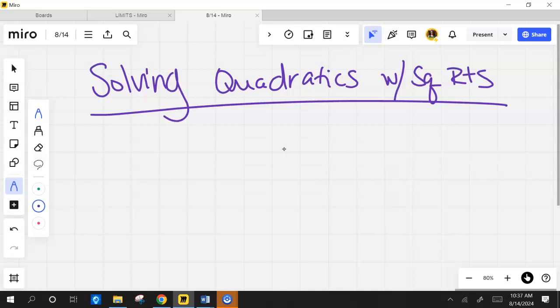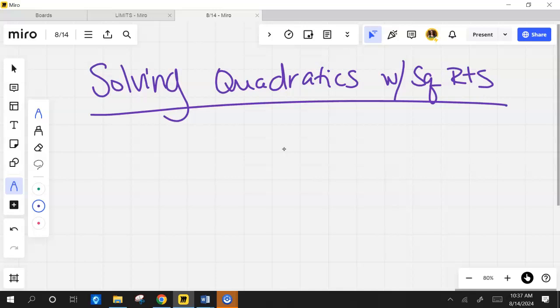All right. Solving quadratics with square roots. So we've solved now two different ways. What were they? Factoring, graphing. Okay. All right.